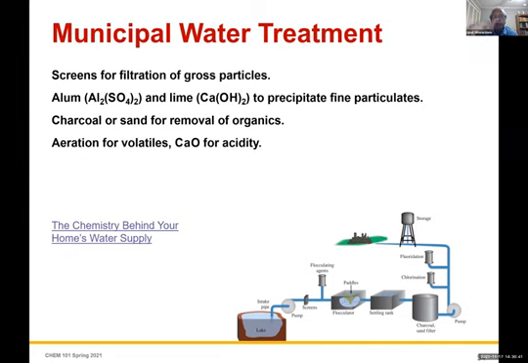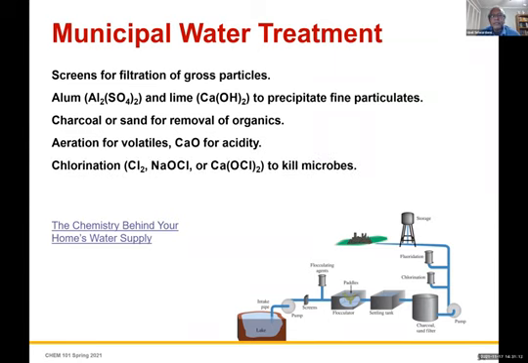Aeration: we pass it through the air, like most municipal plants have aeration. You mix up the water with the oxygen in the air. Aeration removes volatiles. Calcium oxide decreases the acidity.